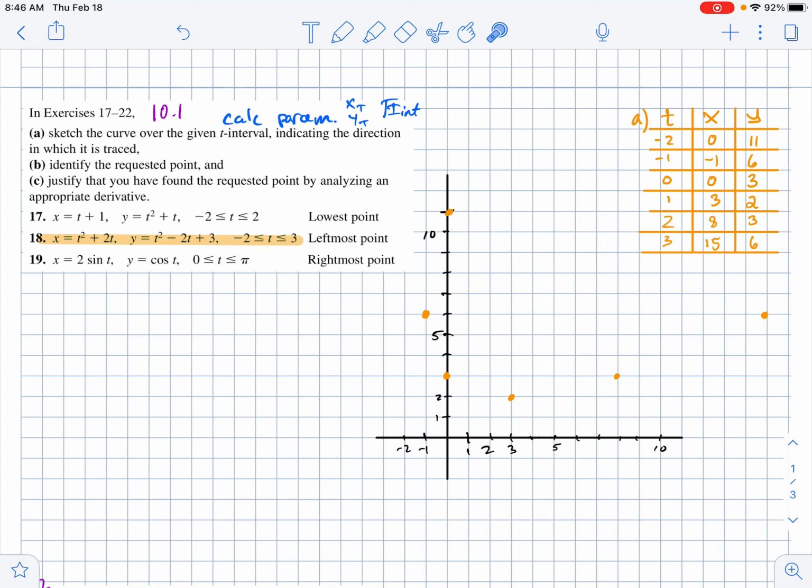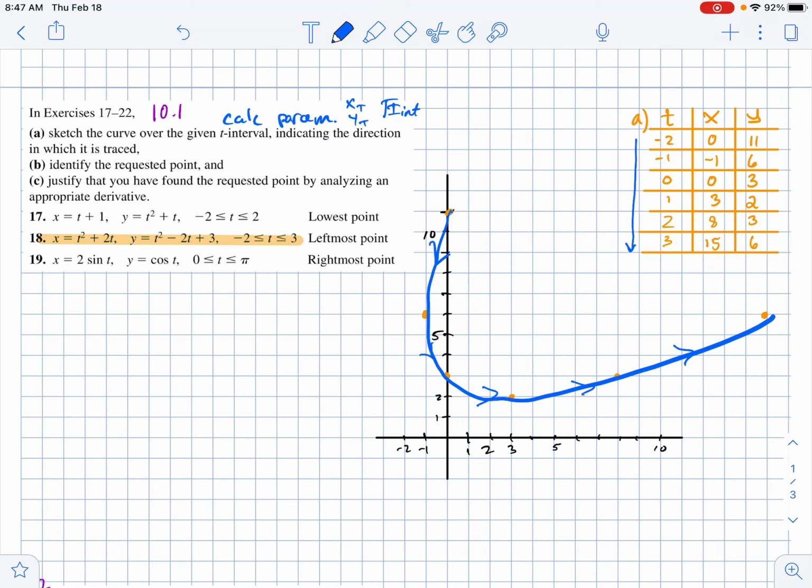So the key is that this graph, it's not a function, but this graph starts here and travels through these points going this direction. So its path is this direction, because t goes from -2 to 3 as it goes, and these points gradually progress that way.